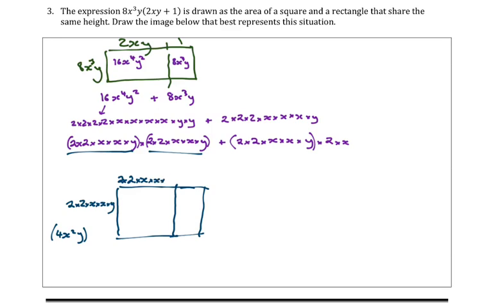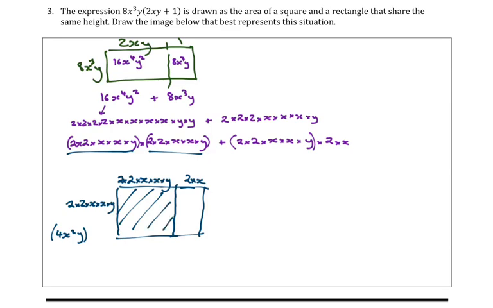And then, since the height is 2 times 2 times x times y, the width of the second rectangle must just be 2 times x. So you can see I've also written 2 times 2 times x times y is just 4x squared y. This here is the square that I was talking about.